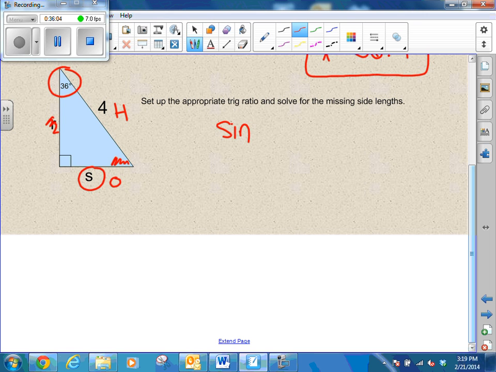All right, so I have sine of what? I've got to go trig function, angle equals ratio. So sine of, what's my degree? 36. Is equal to ratio. S over 4. Okay. I have a variable in the ratio. What do I do?